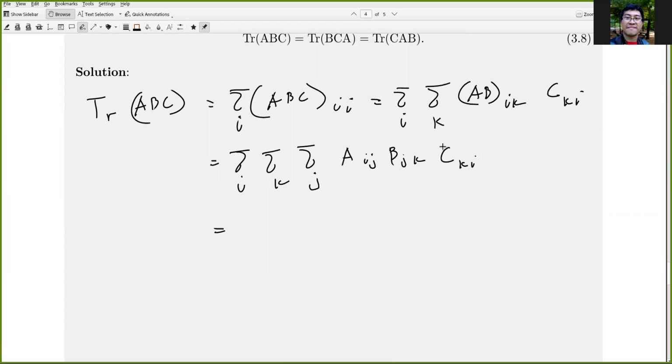But we can always rearrange. Suppose we want to rearrange such that C_ki goes first, then A_ij, B_jk. We can just rearrange the order of our summation. Doesn't matter actually, but we simply rearrange. So we can think of it as multiplying the CA, grouping them together, and that would give us CA.